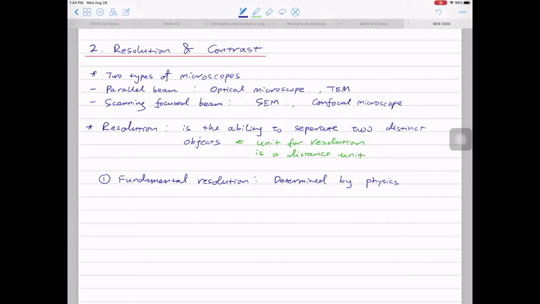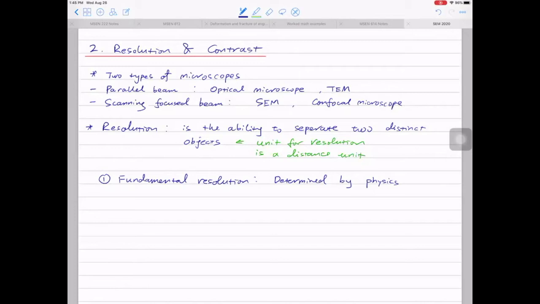The classical example is if I use visible light, I cannot see a virus, no matter how well I improve the optics, because the visible light wavelength is about 400 nanometers, and many viruses are tens of nanometers. You cannot use something with a wavelength of hundreds of nanometers to resolve something tens of nanometers in size. So this is the fundamental resolution, which is determined by physics.